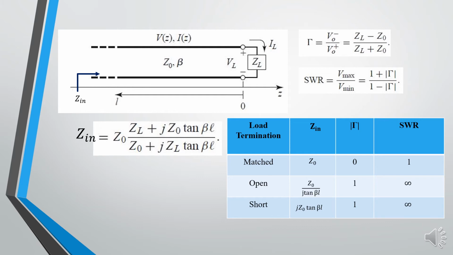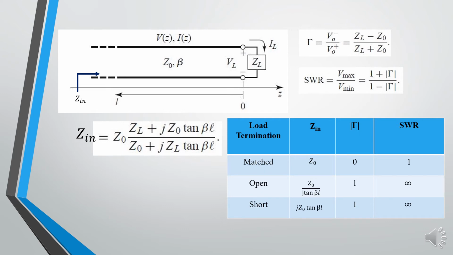Also, from the reflection coefficient expression, when the load is open terminated, ZL becomes infinite, and this makes rho equal to -1, so the magnitude of rho equals 1.